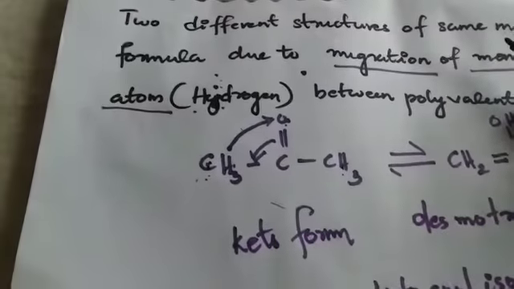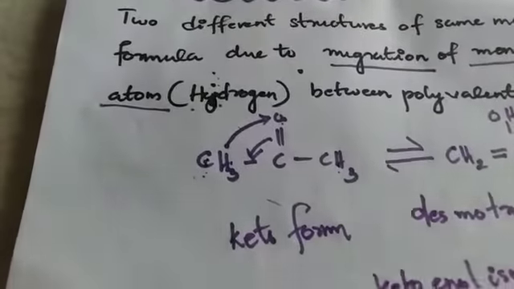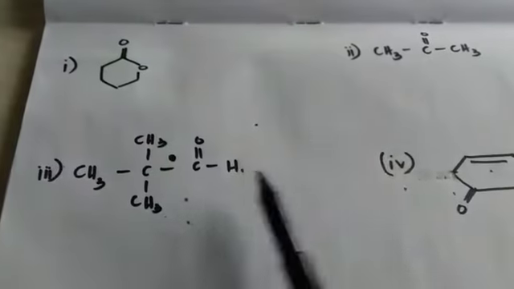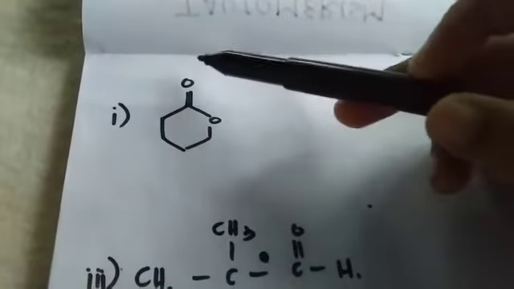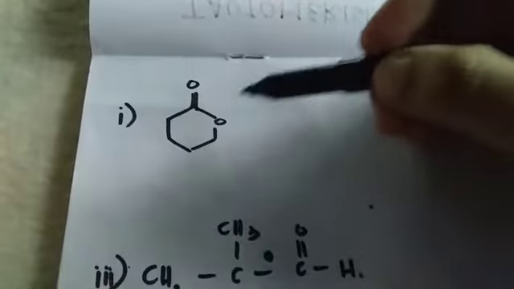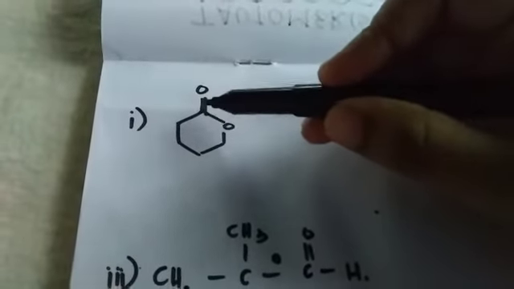So now let's do some problems. We are going to solve these four problems. First we have to check whether it is a carbonyl compound. Look, there is C double bond O, so this is a carbonyl compound.